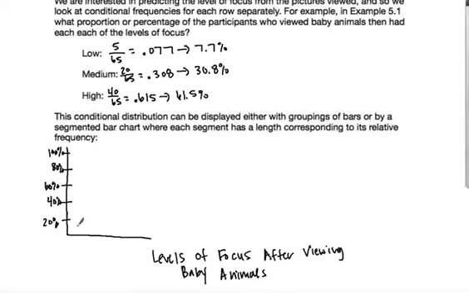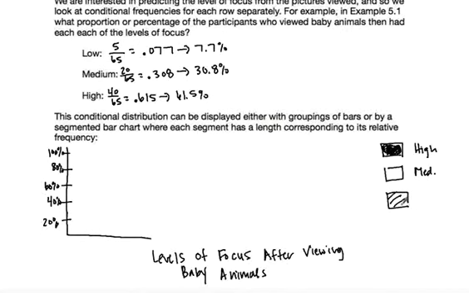I'm going to go over to the side and make a key. If it's colored in, this is going to be high. If it's just open, this is going to be medium. And if it has stripes, this is low.